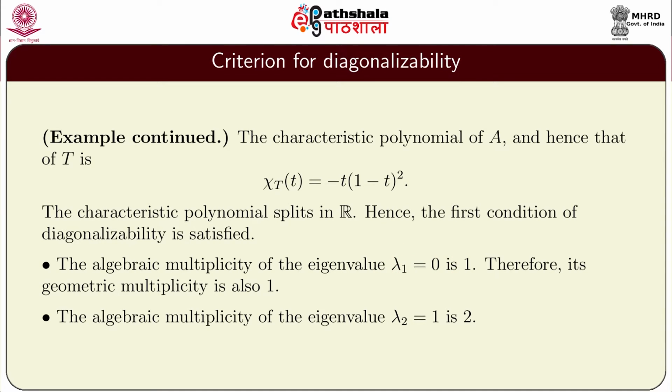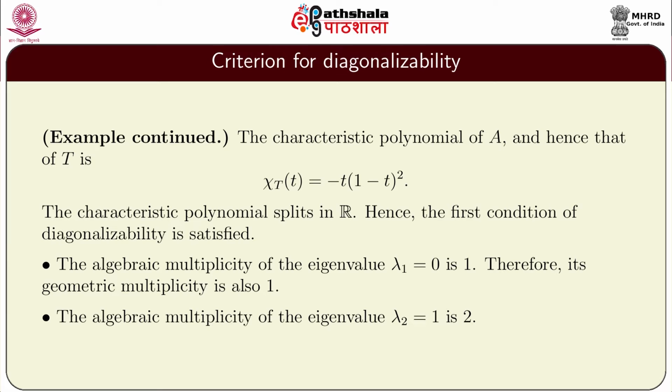Now, since the algebraic multiplicity is 1, the geometric multiplicity has to be the same as the algebraic multiplicity, because the geometric multiplicity cannot be less than 1. So, it has to be 1. So, the second condition regarding equality of algebraic and geometric multiplicities is satisfied for this eigenvalue 0.